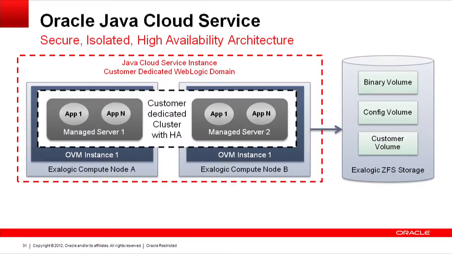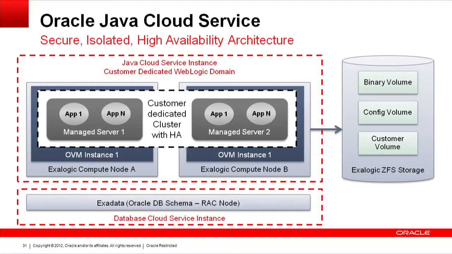And of course they are connected to our highly redundant ZFS store, where the binaries, the domain home, and the customer data are. All of these services are connected to the Exadata through an Active Grid Link configuration, so you have the best configuration between the two on the best hardware infrastructure possible.